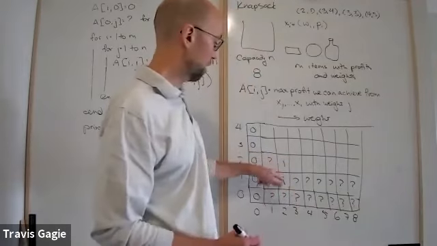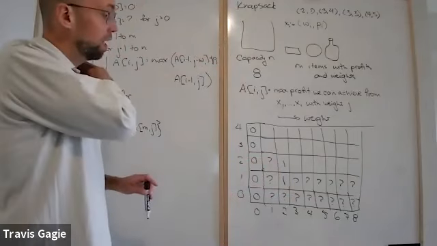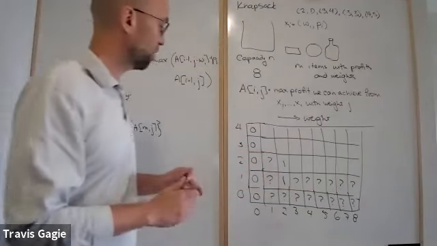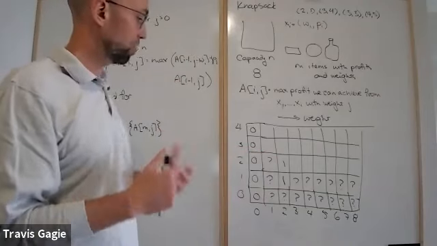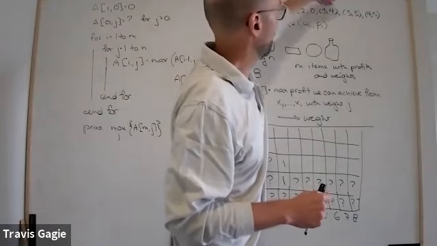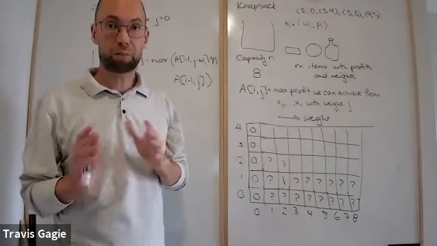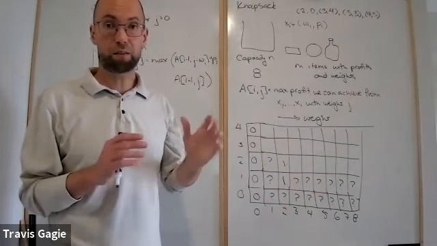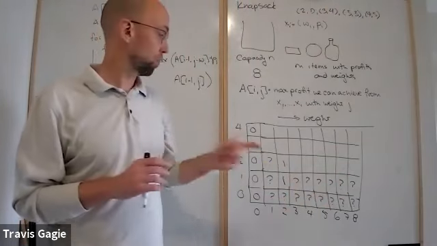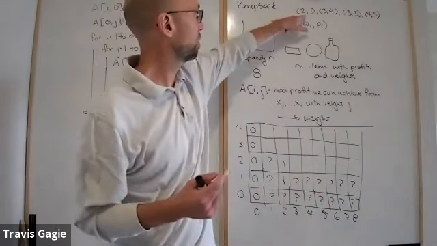So this is a 1, because we're taking the max. What does this mean? It means the maximum profit we can get from a subset of (2, 1) and (3, 4), remember it's weight, profit, that has weight exactly 2 is 1, because we can only take this one.